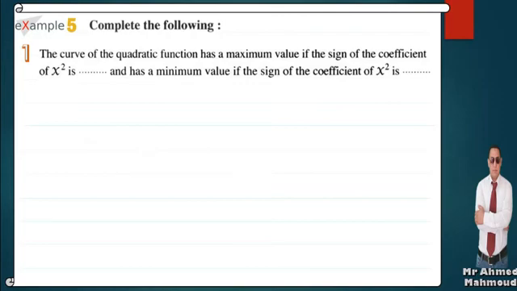By looking at the previous examples, in the first example, x power of 2 was positive, and in that case the shape was like this, when x power of 2 is positive, and this gives me a minimum value. And if the shape is like this, then x power of 2 is negative, and this gives me a maximum value.